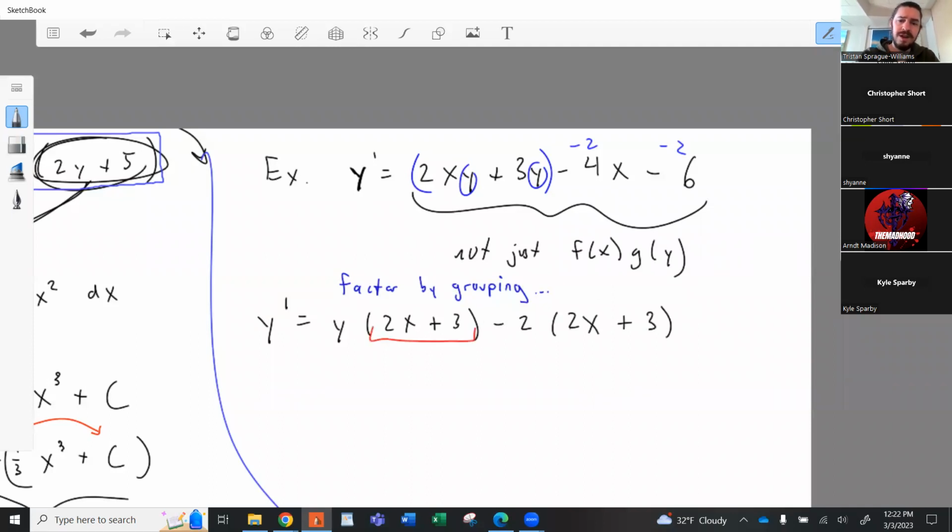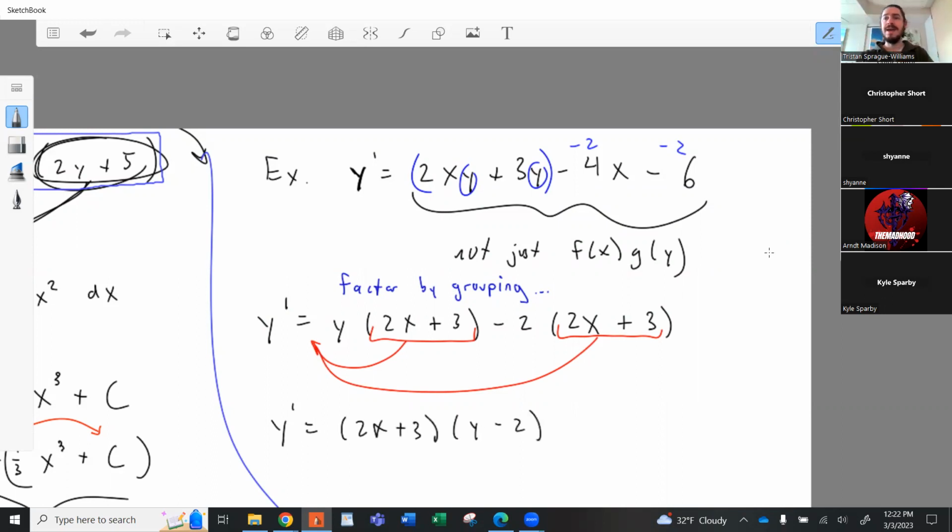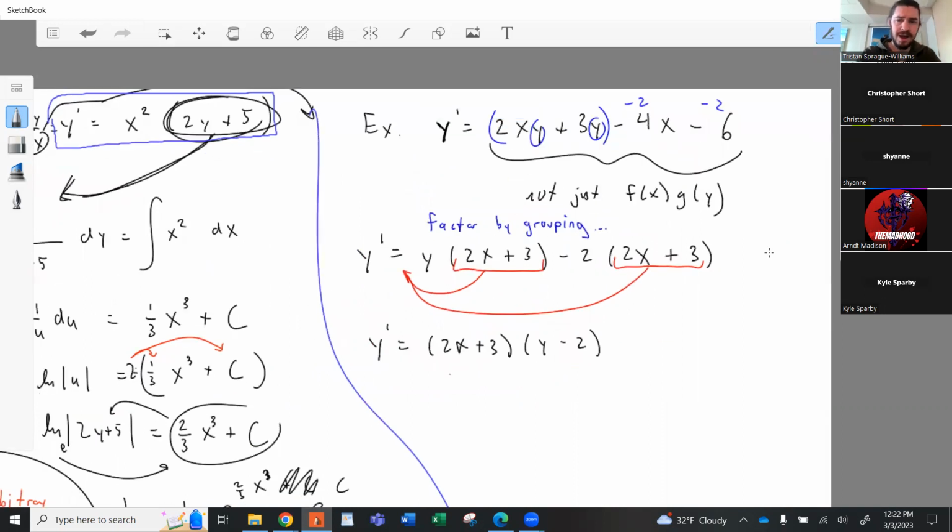It's kind of coincidental, but we do actually have the same factor showing up. So we can factor that out, and now we have 2x plus 3 times y minus 2. And hey, there we are. Now we have our f of x times g of y format that we were expecting.